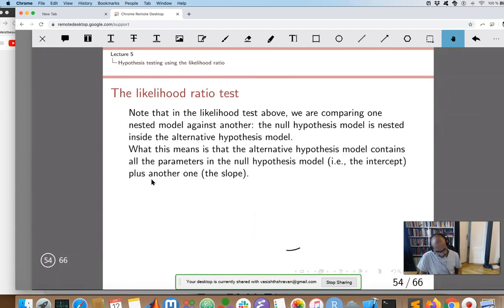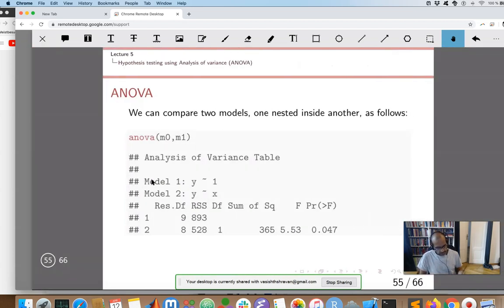So where are we now? Right, so now we come to the closely related concept of an analysis of variance. We can do the same kind of likelihood ratio test in the analysis of variance framework, and the way that would work is that I would take the null model and the alternative model and push it through the ANOVA function, and what that will do is give me a statistic called the F statistic, which also tells me whether I can reject the null hypothesis or not, right?